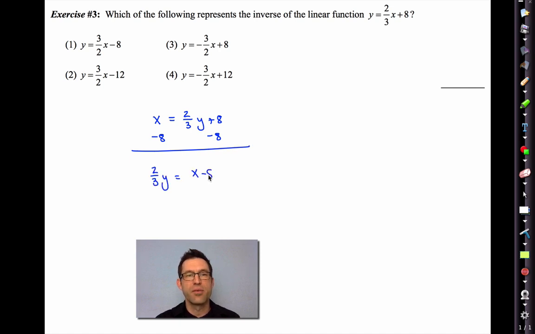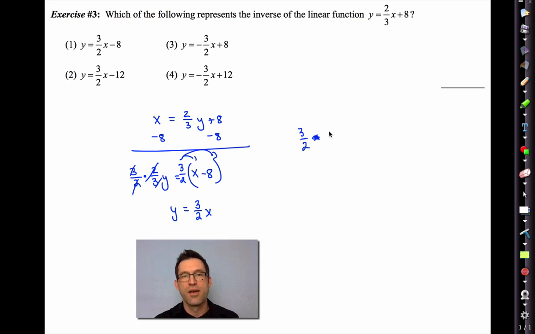Now again, we have to be very careful, even more careful than we were in the last problem. Get those parentheses around that. Distribute the 3/2. We'll have y equals 3/2 x, and then we have to multiply 3/2 by 8.